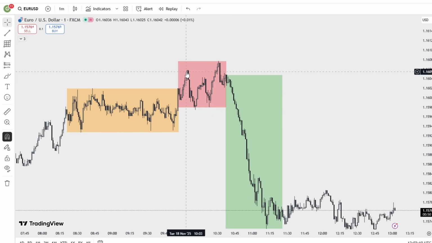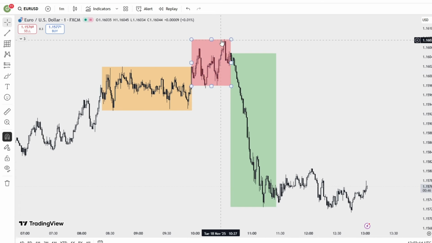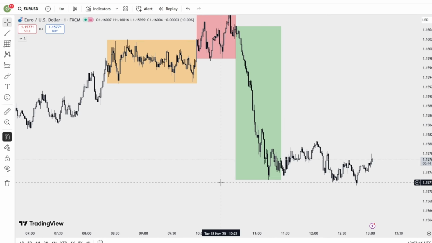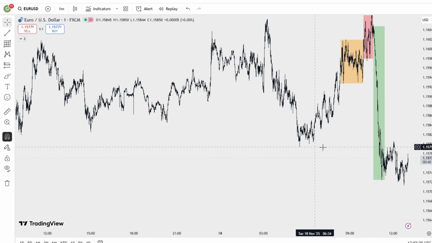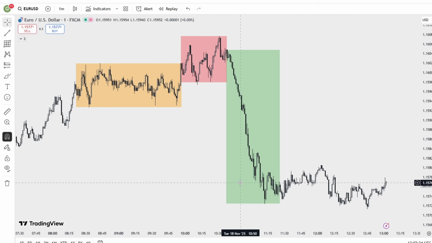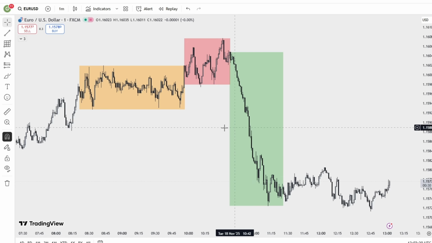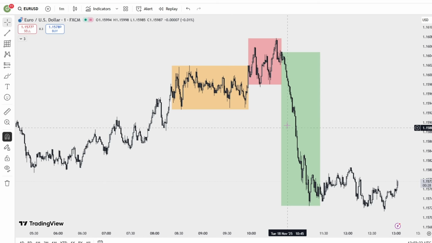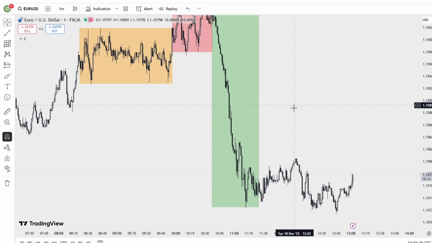So the dealers manipulate the price and then distribute the price toward the opposing end of liquidity, which is right here, I guess. I don't know, I just checked it, but it's around here. I took this trade today, but my TP is around here, I guess. Let me see. Yeah, somewhere around here. I didn't take this whole move, but it's fine.